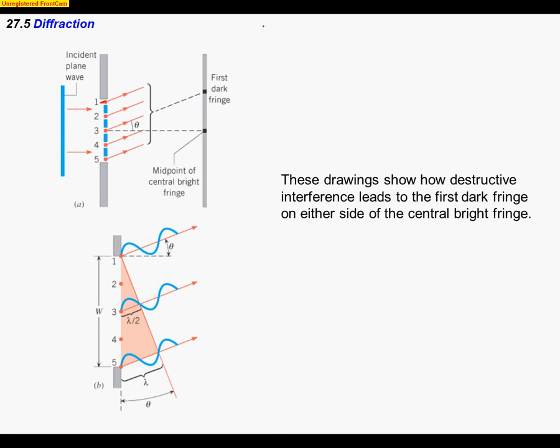So the equation that we can use to figure out this angle here is the same equation that we used before for two-slit interference: d sine theta equals m times the wavelength. Now d here indicates not the distance between the slits, but the width of the slit.